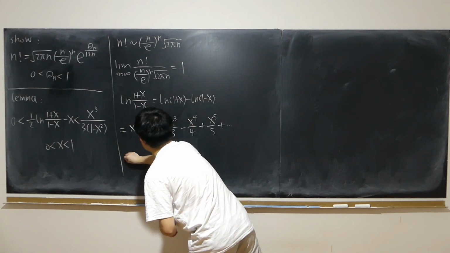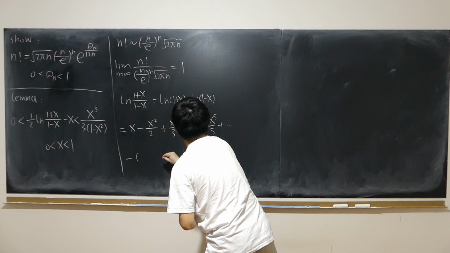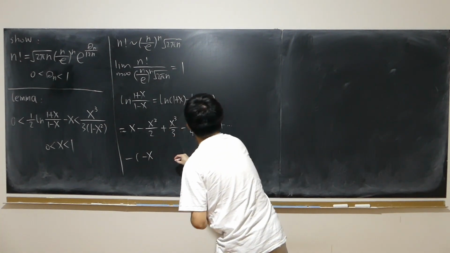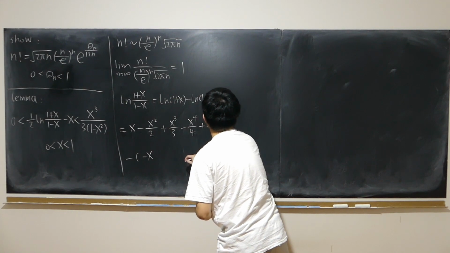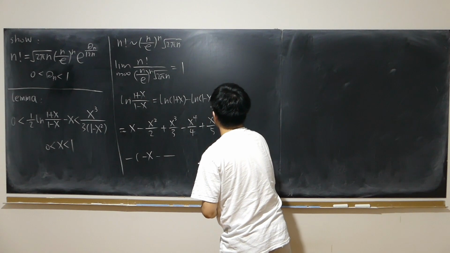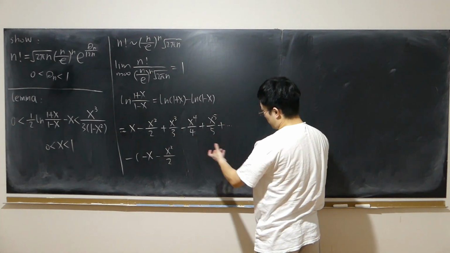Then minus log of (1 minus x) is equal to negative x. Right? We have minus negative x squared over 2. Right?